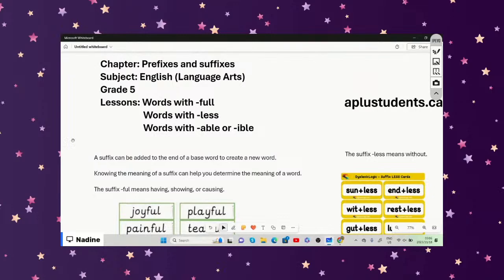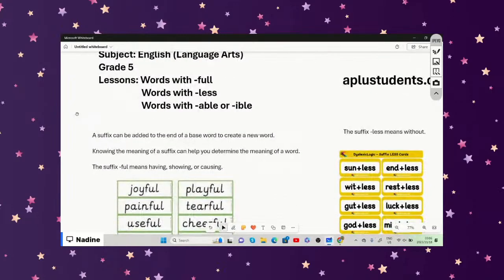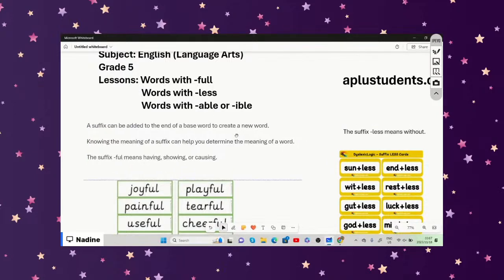All right, so let's start with suffix. What is a suffix? Suffixes can be added to the end of a base word to create a new word. Suffixes are added at the end of a root word, and a root word is a word that can stand on its own.